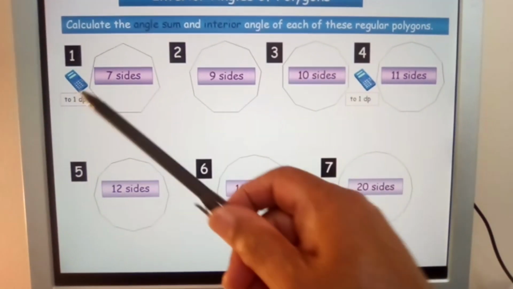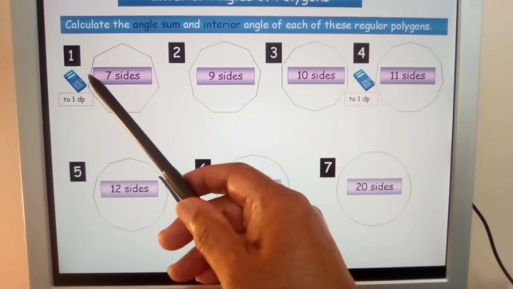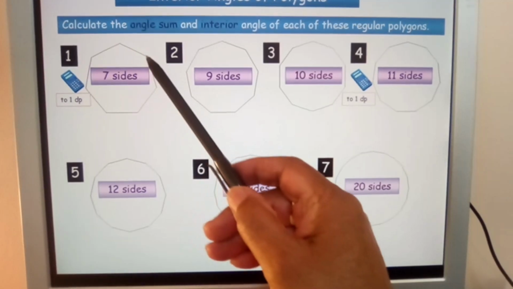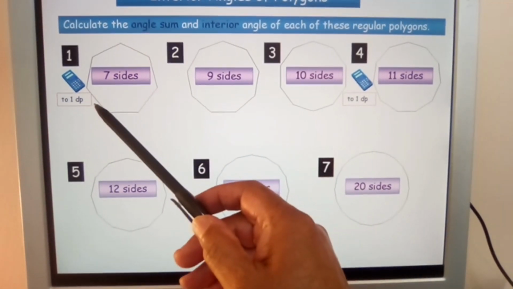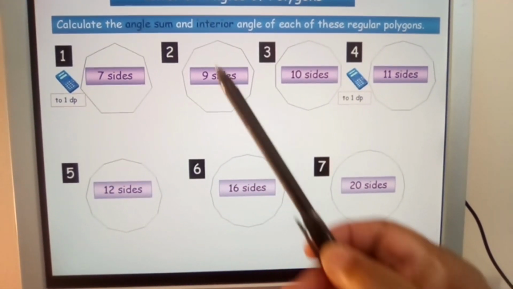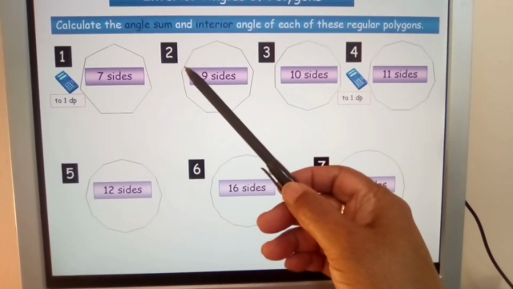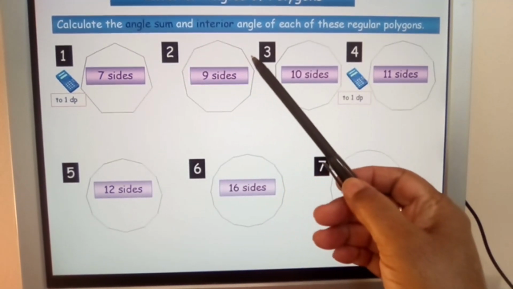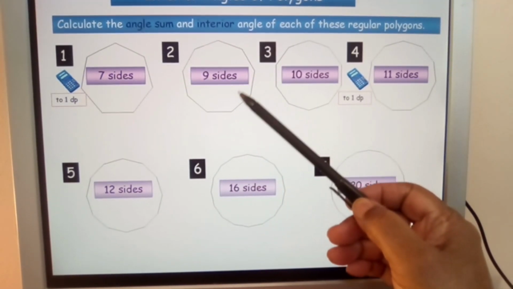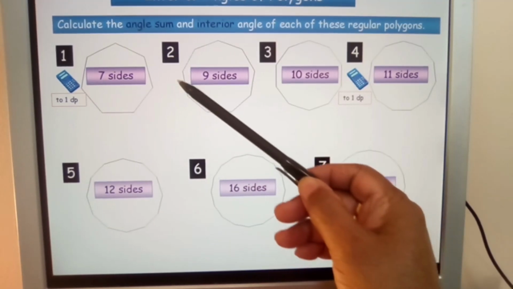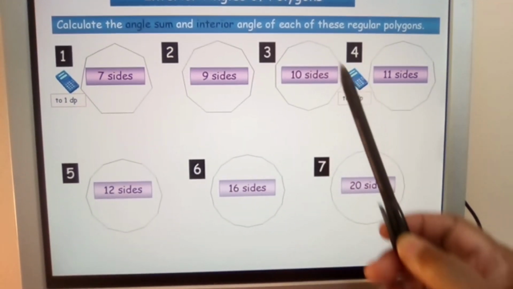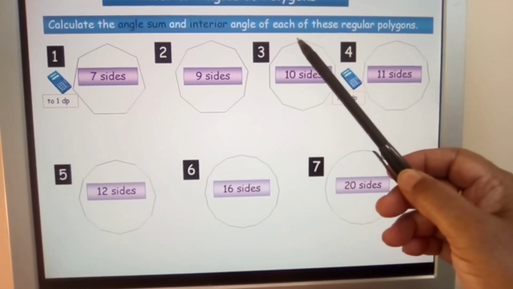Number 1 is 7-sided: 1, 2, 3, 4, 5, 6, 7 sides. Number 2 has 9 sides. Number 3 has 10 sides.